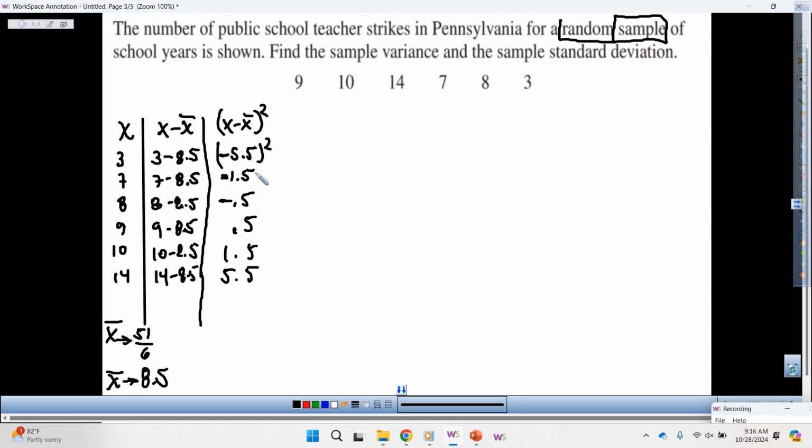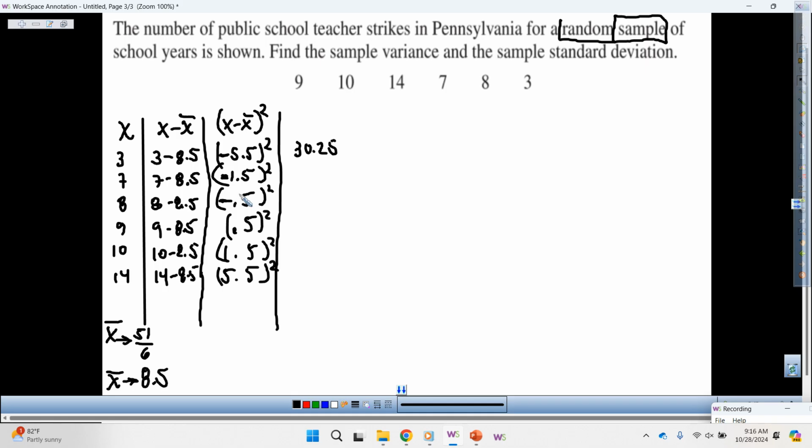So square this, square that, square that, square that, square that, square that. All right? So this gives us negative 5.5 squared. Calculators calculate. Let's see, JJ, what'd you get? 30.25.